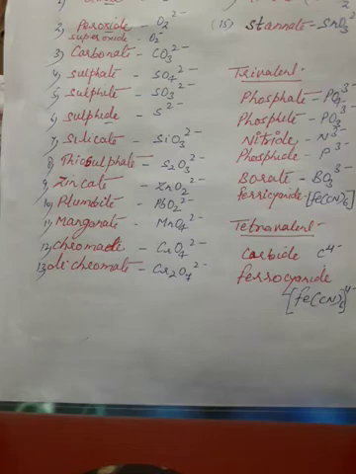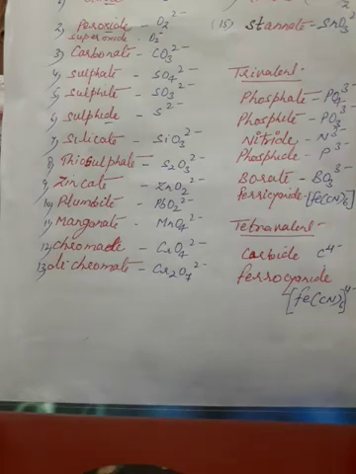Zincate ZnO2 2 minus is the valency, because you will study potassium zincate, sodium zincate, so many compounds you will study. So this you should remember, ZnO2 2 minus. Here one question can be asked: an anion having metal in it. So this is zincate. In the anion, what is present? Metal is present, zinc metal is present.